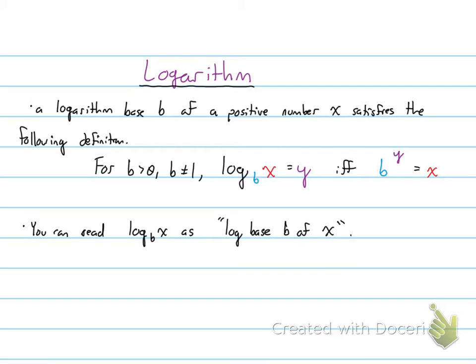You can read log base b of x as log base b of x. And log base b of x is the exponent to which b must be raised to get x. So basically a logarithm undoes an exponent, so they're like opposites of each other. That's what we're going to focus on and work with today.